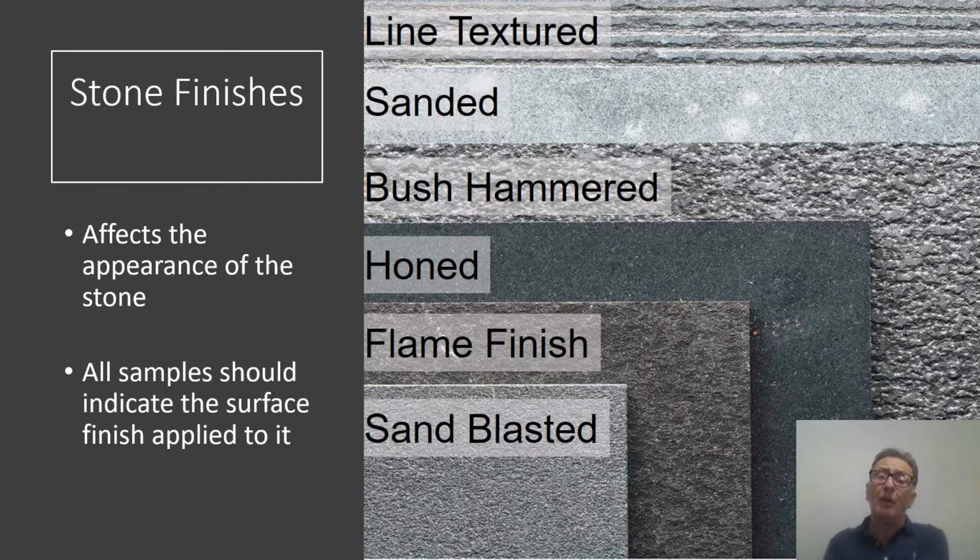Using the honed sample in the middle as the benchmark, where it shows the darker colour tones of this material, you can see that any form of texturing tends to lighten the material, which is quite a common feature for any darker coloured stone. So sandblasting, for instance, which may be required to give the required slip finish, significantly lightens the appearance of that stone. And this is something that design teams must recognise in the selection of their materials, as there could be a colour contrast that wasn't intended or required.